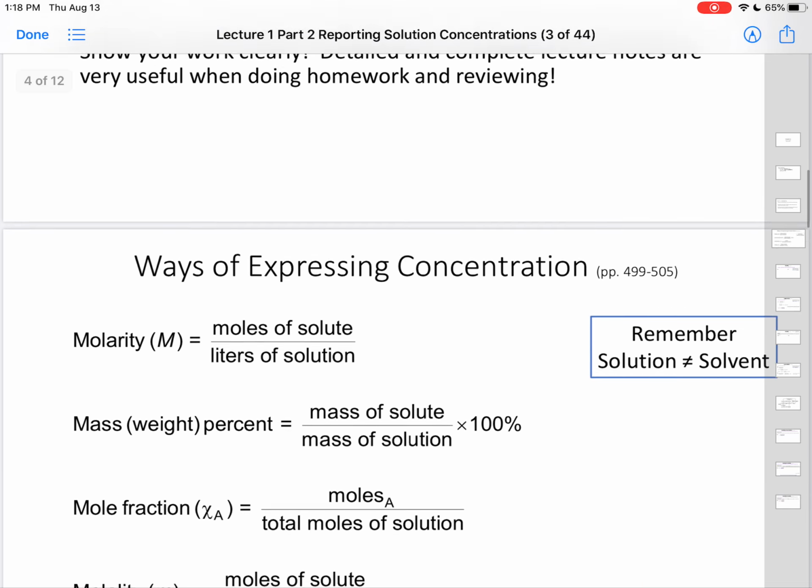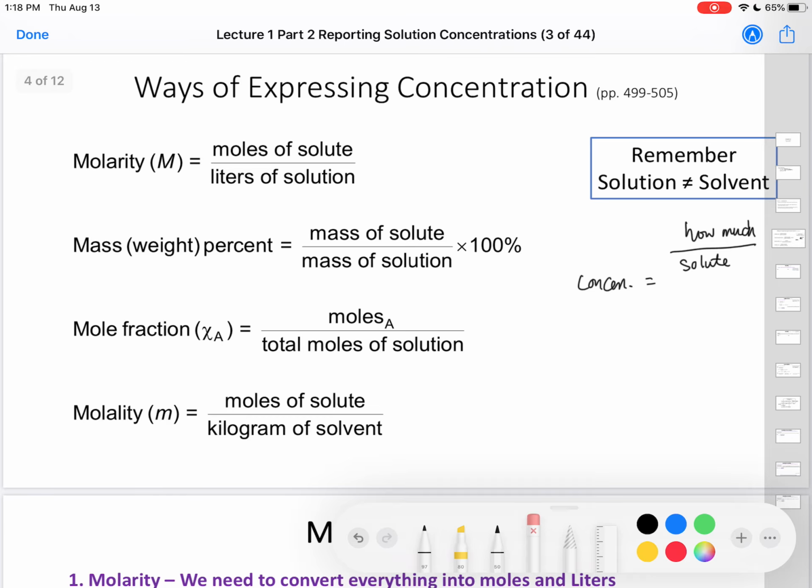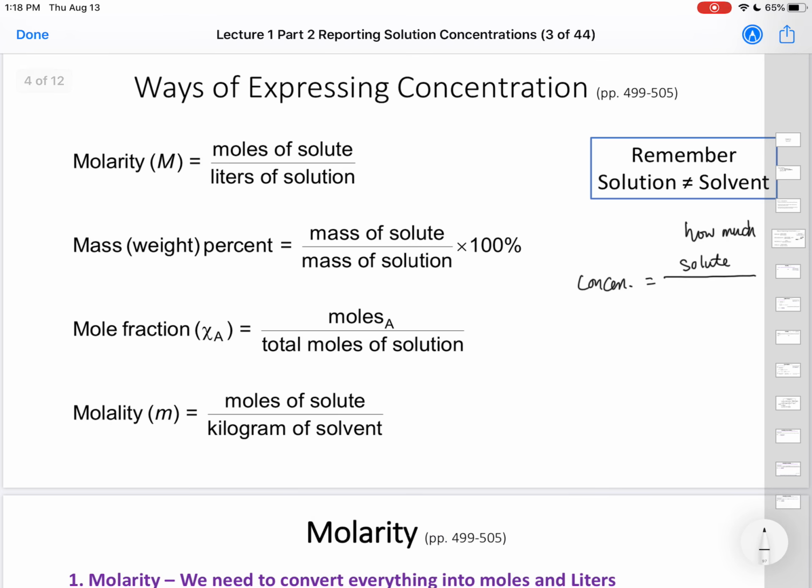So there are 4 ways of expressing a solution's concentration, and really the concentration is an expression of how much solute is divided by how much of the total solution you have.